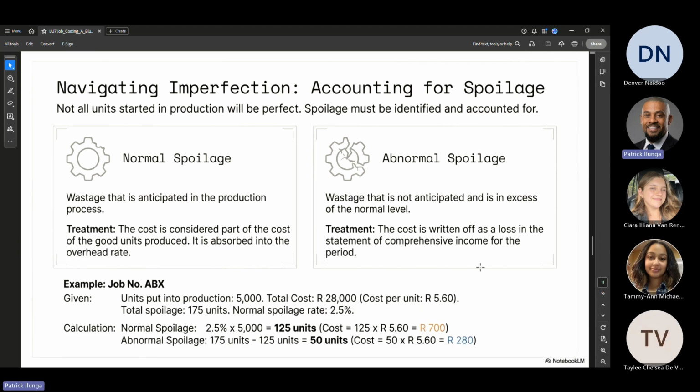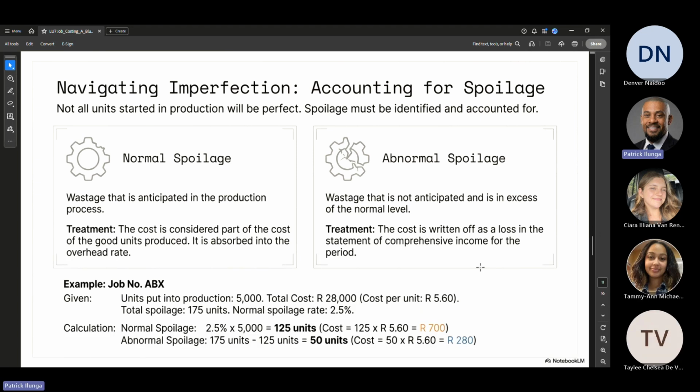All right. So this is just, you will see that in your textbook. They just give you this to say, reminder, by the way, there is normal spoilage and abnormal spoilage, which is part of the previous chapters that you read, right? So you know what this is about. You know that normal spoilage is something we anticipated.